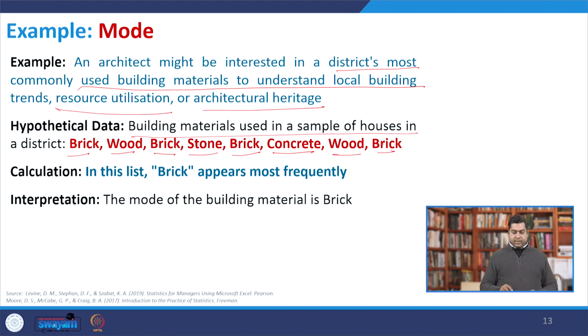So, in this case, because brick appears 1, 2, 3, 4 times out of all the samples, brick is the mode. This is just one example from a context where you can make the count, but the mode is again a mathematical operation, where you can get any values as well, right. So, that you can take into account.